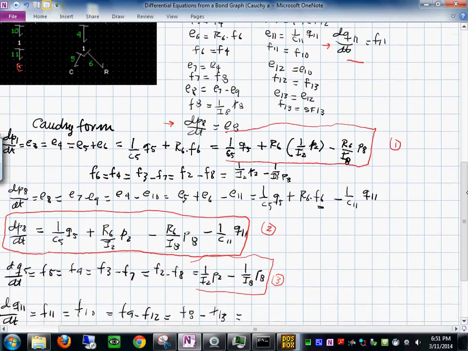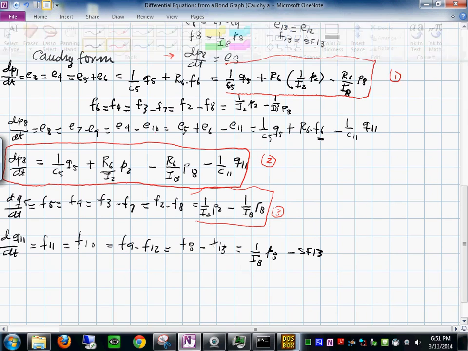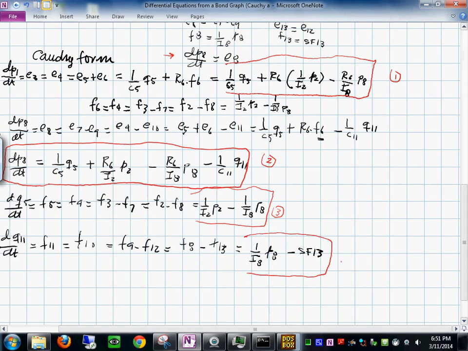It is 1 over I sub 8 times p sub 8. And this would be minus f13, like that. And that becomes the fourth equation, this one right here, equation number 4.